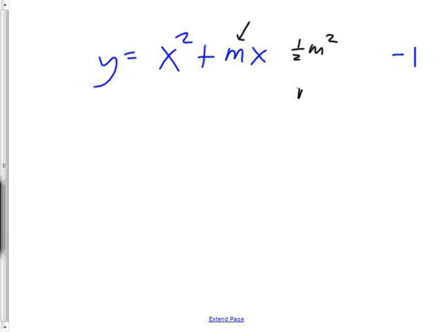Also, this would have been wrong because it needs a parenthesis. Do you get that the way I wrote it is different than this? Because this one would square both the m and the 2, and this one would only square the m.